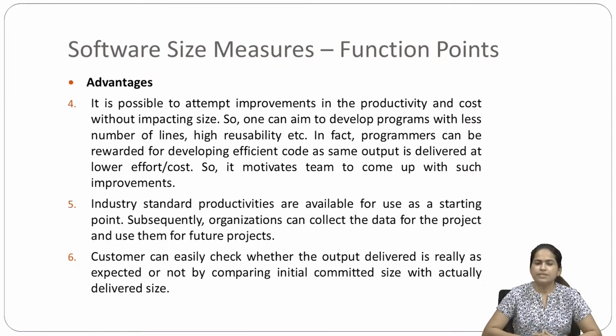Customer can easily check whether the output delivered is really as expected by comparing the initial committed size with the actually delivered size. What is actually delivered and what is committed? They can compare both and find out whether the commitment is fulfilled in the output or not.